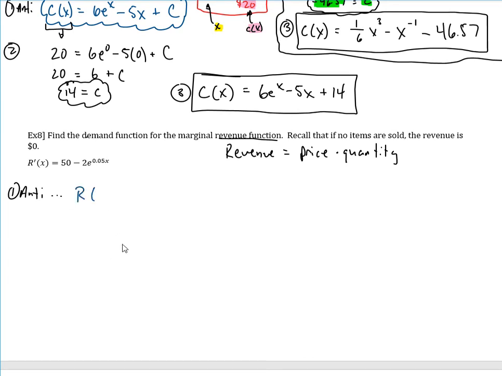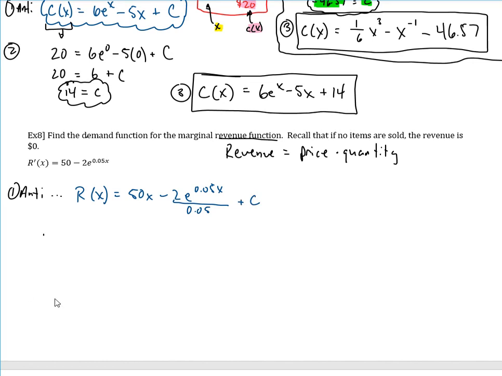So my revenue function is 50 and attach the x, and then minus the 2's hanging out. All right, here we have an e to a constant x, so we're going to copy and paste the e to the 0.05x, and then we just have to remember divide by that constant that's attached to the x there, 0.05, and then plus our constant c.